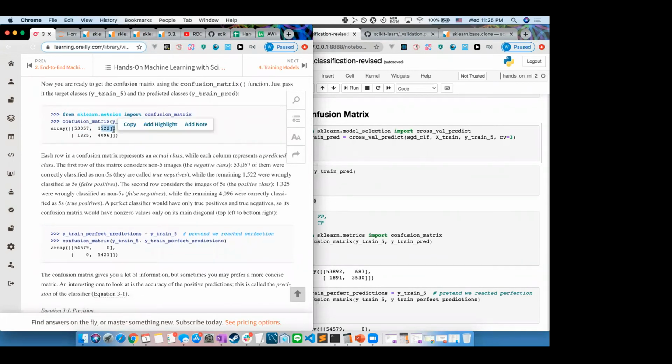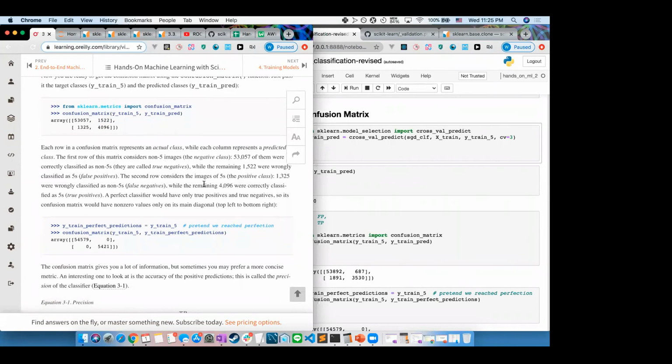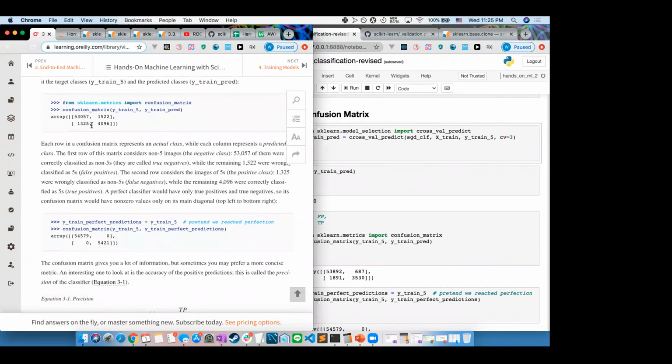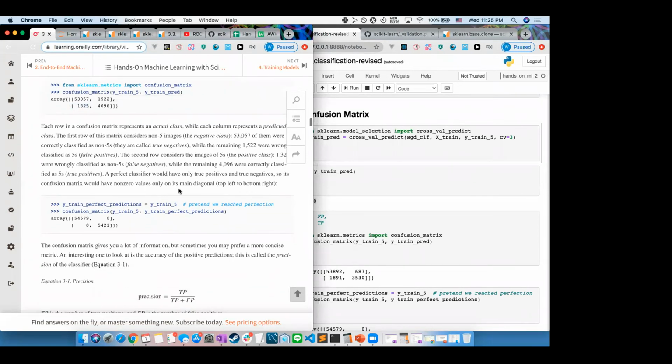That's false positive. The second row considers the images of 5s, that's the positive class. 1,325 were wrongly classified as non-5s. That's false negative, while the remaining 4,096 were correctly classified as 5s.